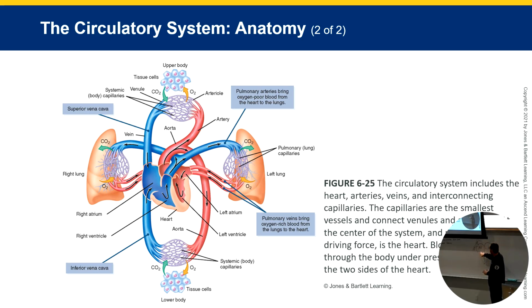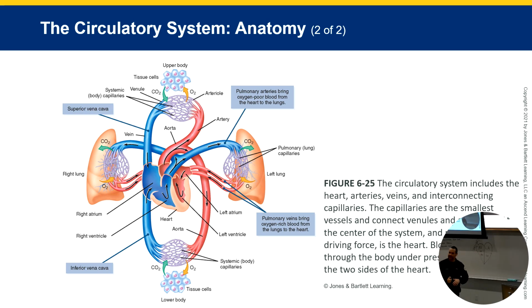But it's going to go through a little valve right here. We're going to call this the tricuspid valve. Perfect. Now, this valve, that's a specific name for it.